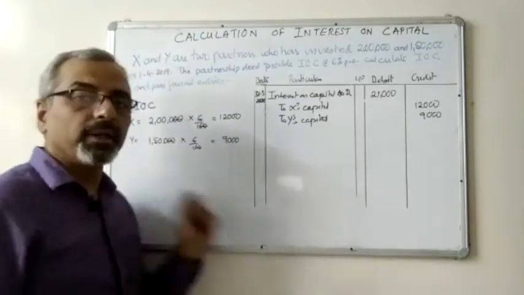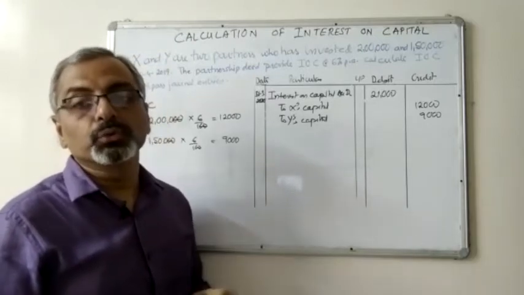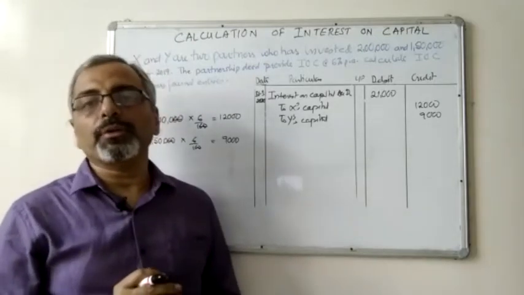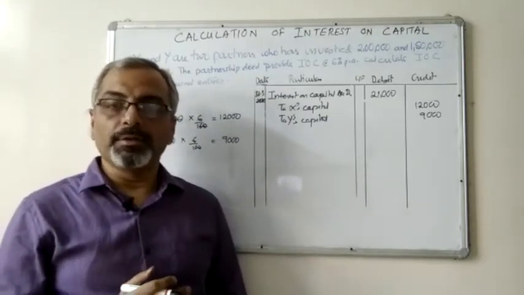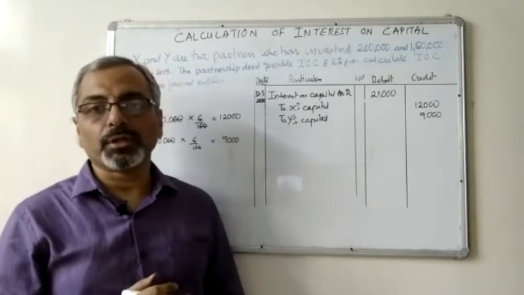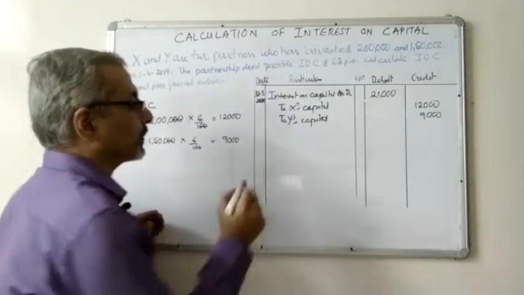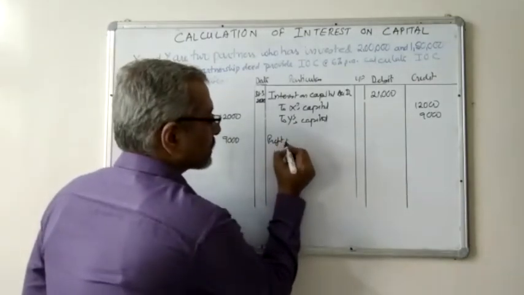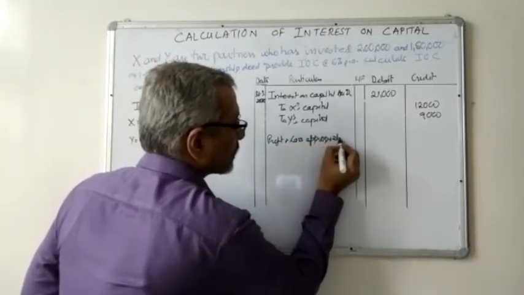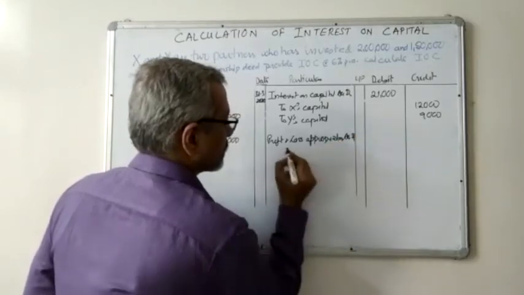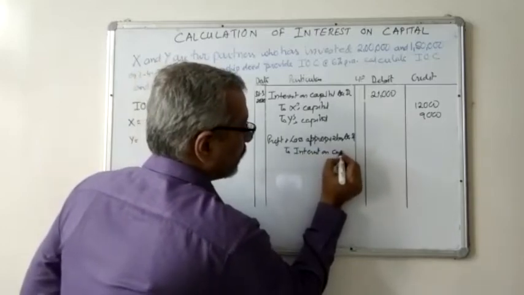Now let us move on to the next entry, which is a transfer entry. We will transfer the interest on capital to the profit and loss appropriation account. It will be transferred to the debit side of the profit and loss appropriation account, because interest on capital is an expense for the firm. Is it clear? So we will transfer it to the debit side, and the journal entry is: Profit and loss appropriation account debit to interest on capital, 21,000.